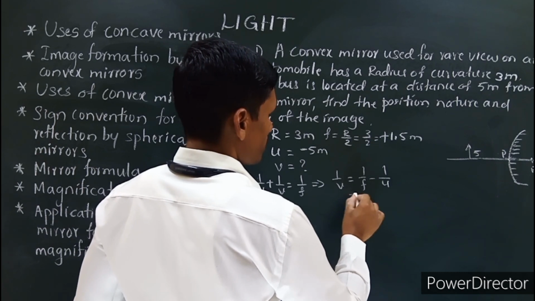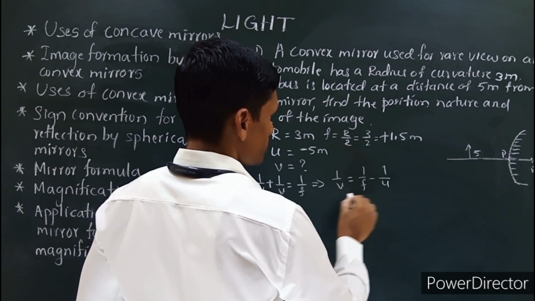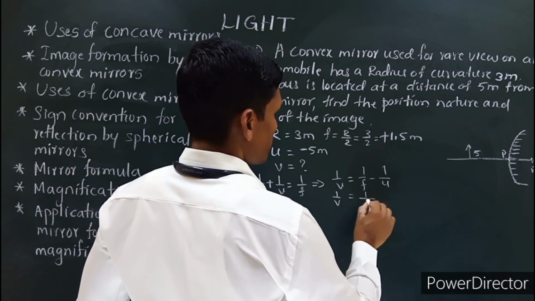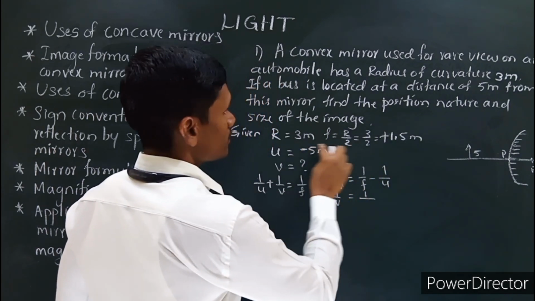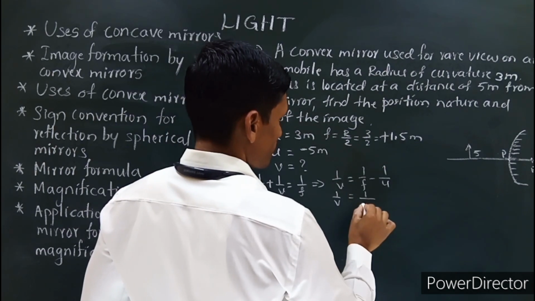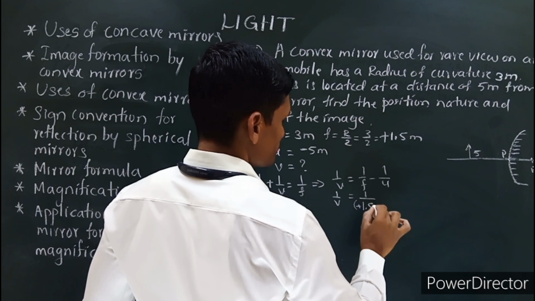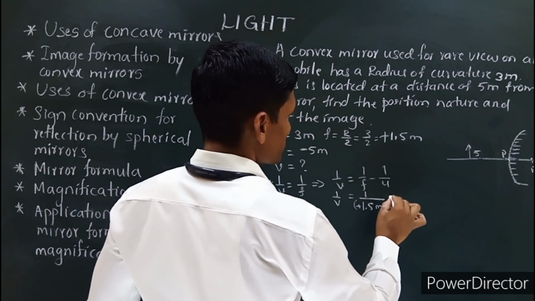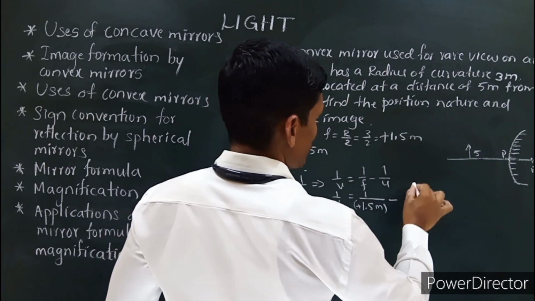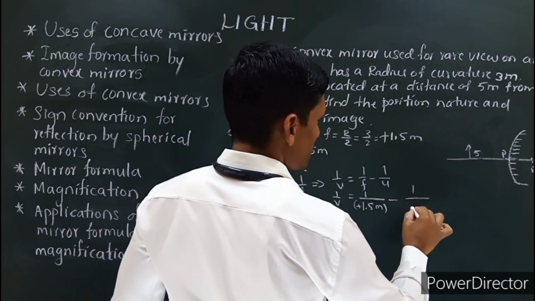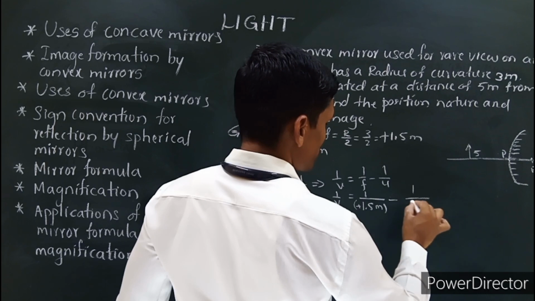Now in place of 1 by f, we'll substitute the values. 1 by v is equal to 1 by f, that is 1 by plus 1.5, meter. Next, minus 1 by u, u is minus 5 meter. We have to keep this in the bracket, minus 5 meter.